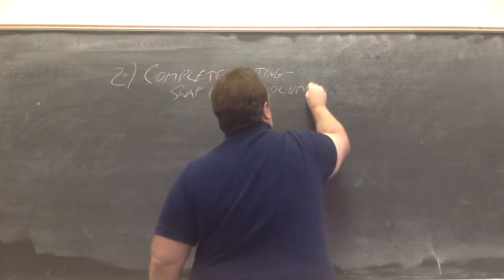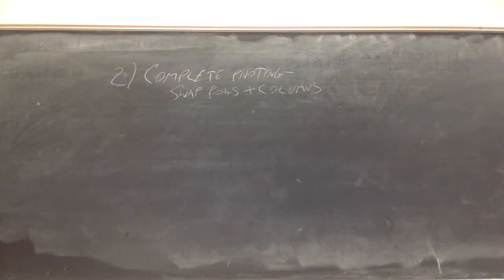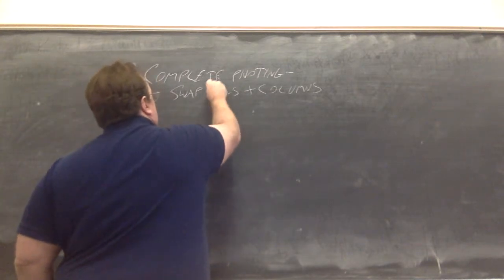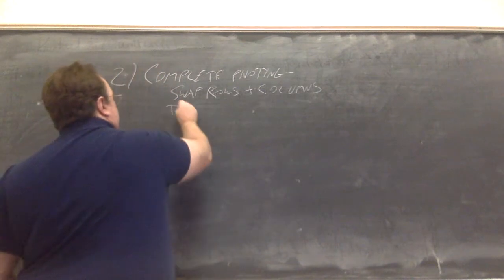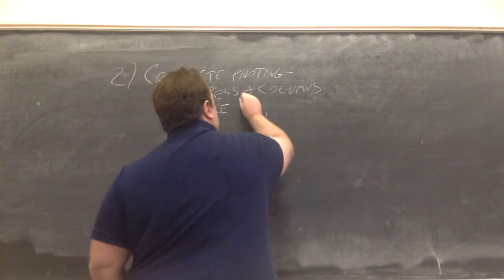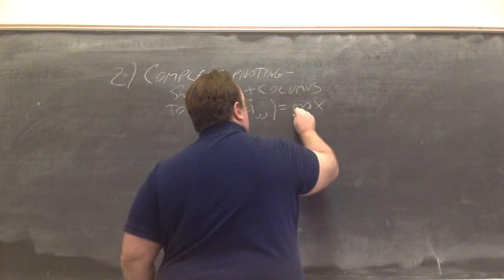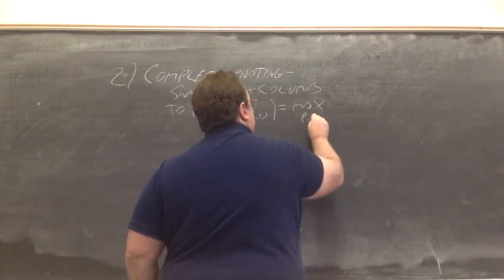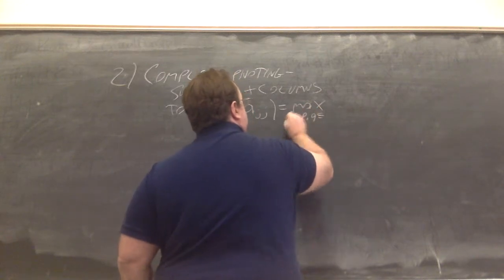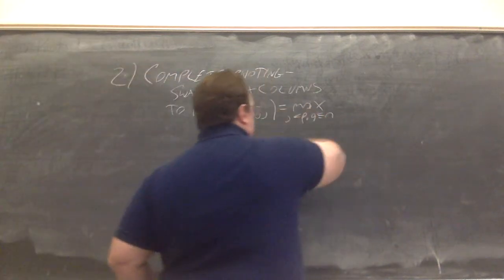In other words, not only rearranging the order of the equations in your system, you're also rearranging the order of the unknowns. So swapping rows and columns to make a_jj equal to the maximum over all indices p and q between j and n. So you're searching the whole part of the matrix below and to the right.